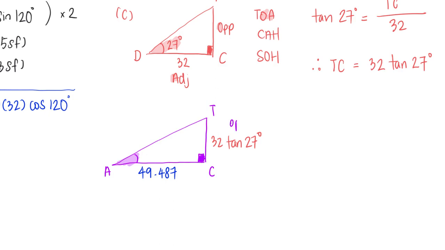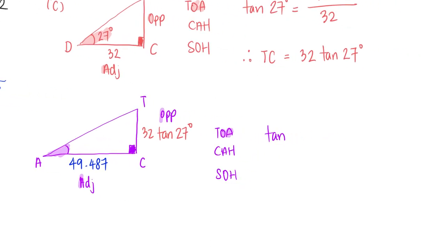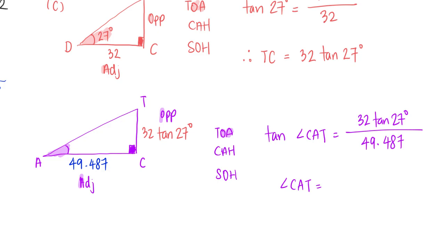So this will be my opposite side, adjacent side with SOH CAH TOA again. You will see Mr. Tan applying tangent again. So tangent of angle CAT equals opposite, which is 32 tangent 27 degrees, divided by 49.487. So I will be able to get my angle CAT now.